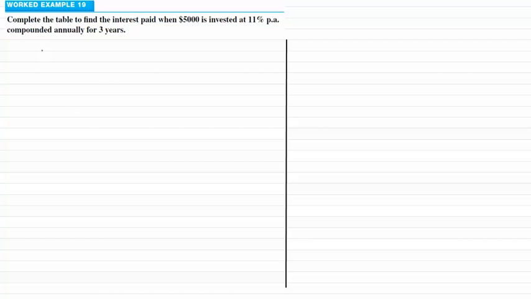So here we had $5,000. The compound interest.